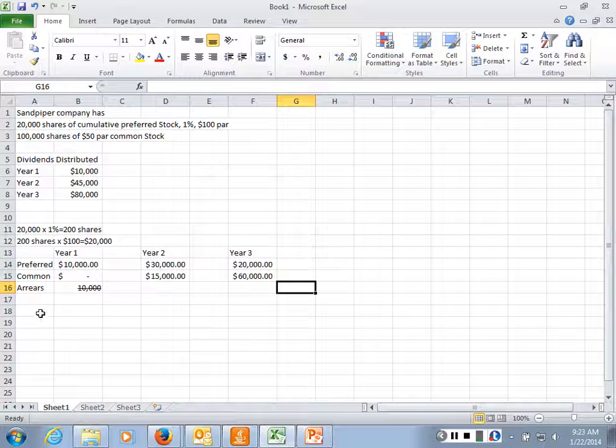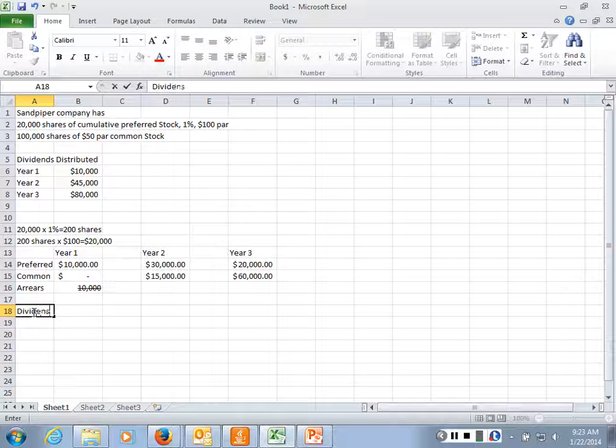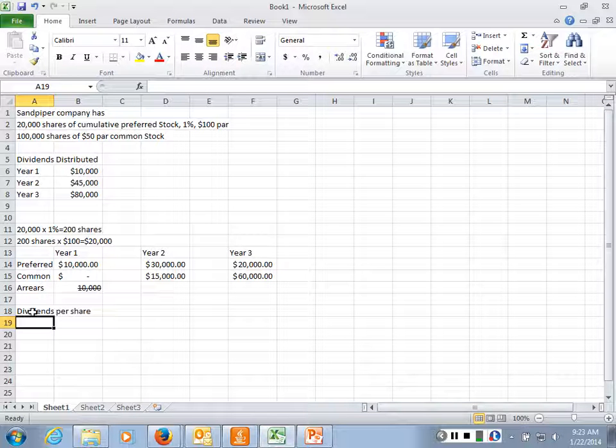Okay. Now, the last piece of that you'll see is your dividends per share. And what I mean by that is how much dividends each share is going to get. So in year one, my preferred is $10,000.